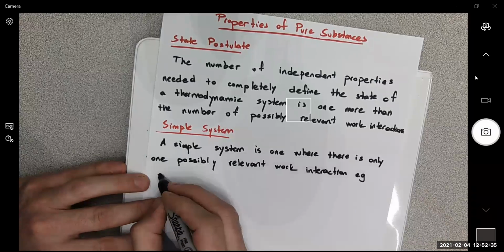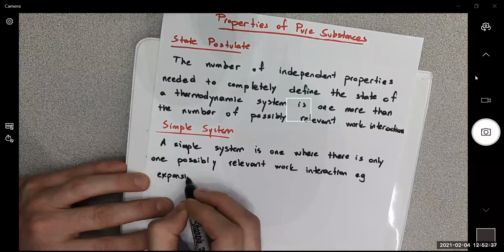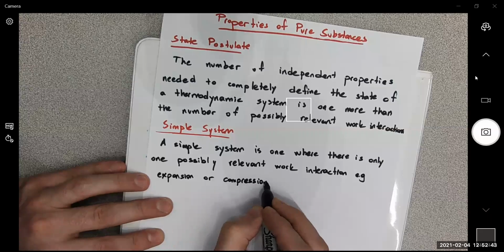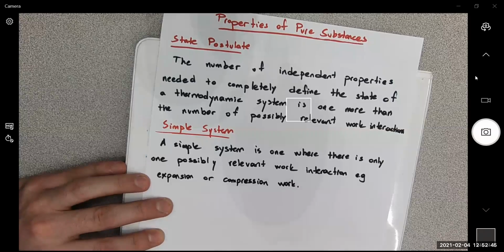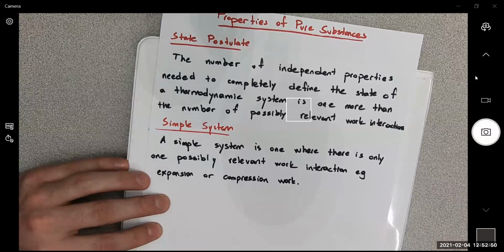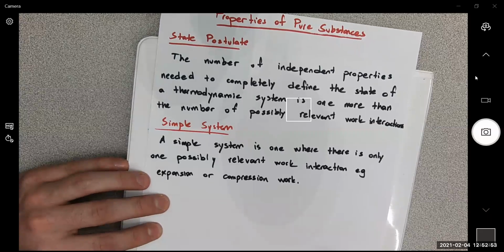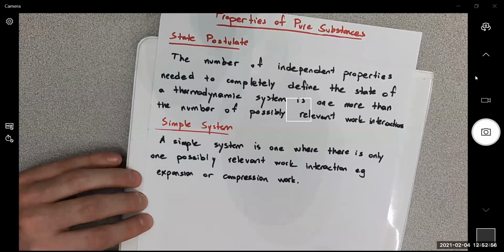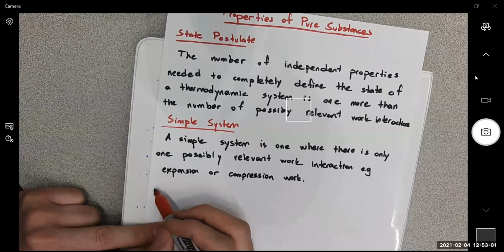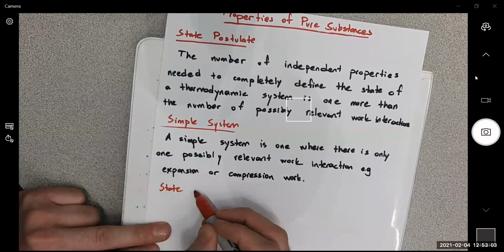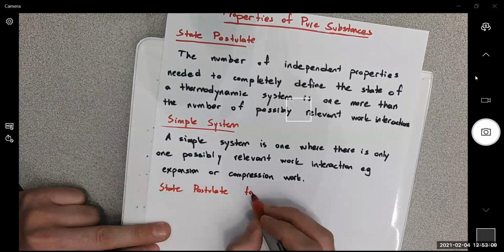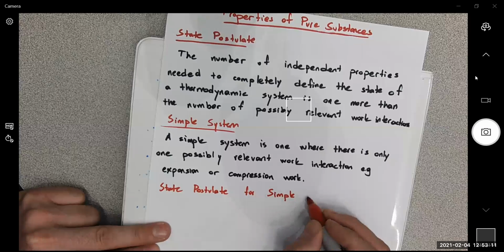For example, expansion or compression work. Okay? This is the simple system. That's what our interest in thermodynamics is for this level. And what is the state postulate for a simple system? State postulate for a simple system.